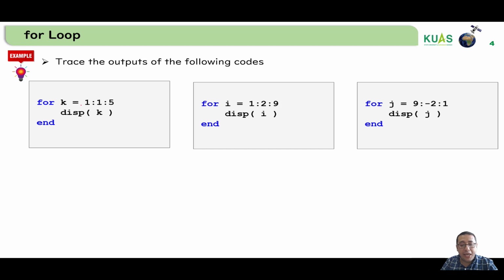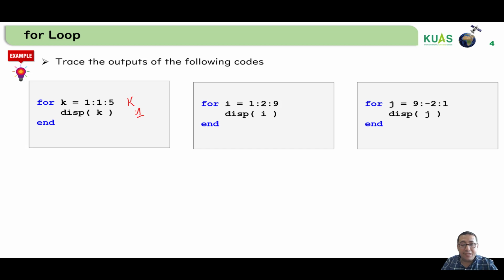So for k equals 1 colon 1 colon 5, the start is 1, the spacing is 1, and the end is 5. Between for and end, every time we need to display the value of k, so we will check the value of k and print it out. Let's do that by hand. In the first iteration, the k value will equal 1.